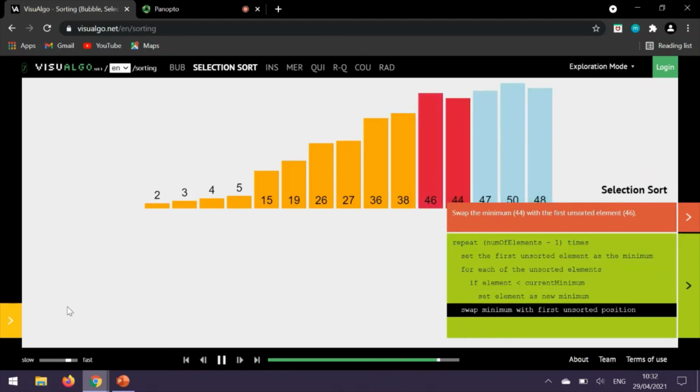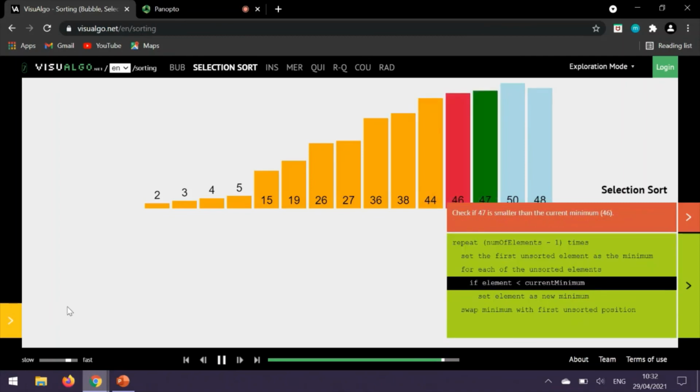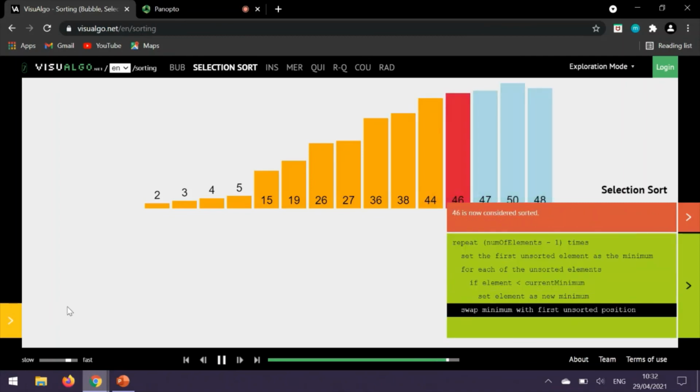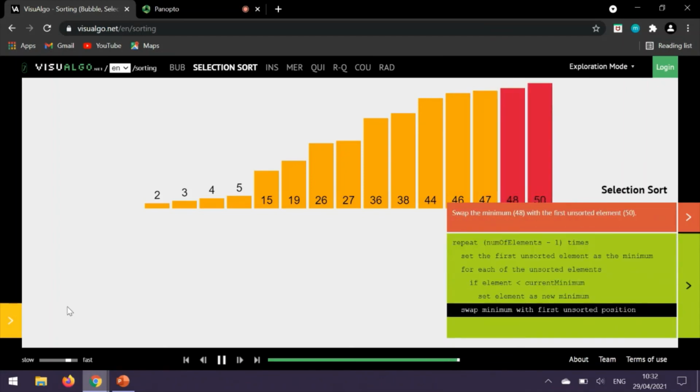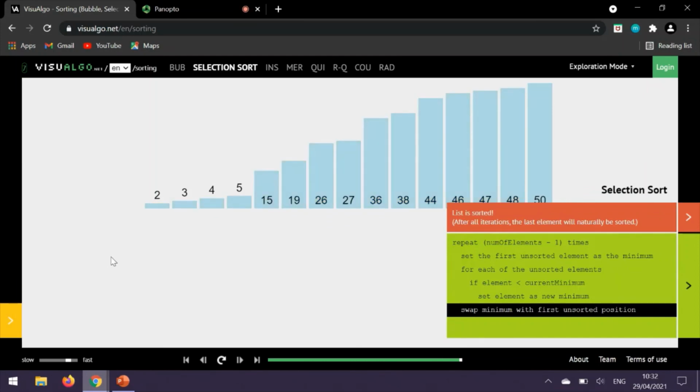I think this is the most human example of how you would sort something. If you had, say, a line of grapes on the table, and you'd instantly just pick up whichever one was smallest and put it at the front. And there we have it.